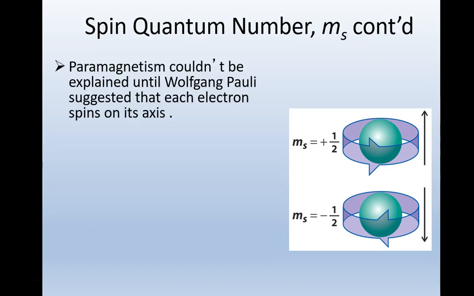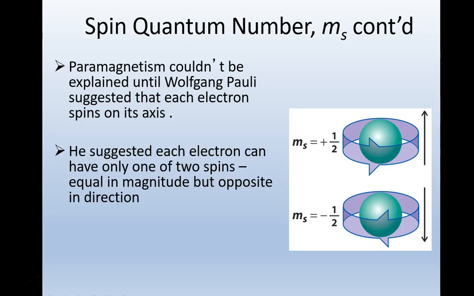So that can be explained. The paramagnetism could not be explained until Wolfgang Pauli suggested that each electron spins on its axis. So an electron is a tiny, tiny particle with a charge. So particles with charge exert the ability to form an electromagnetic field. As shown over here, this will be the electromagnetic field. So when this electron is in close proximity to another electron, they would affect the way they spin, via the electromagnetic field.